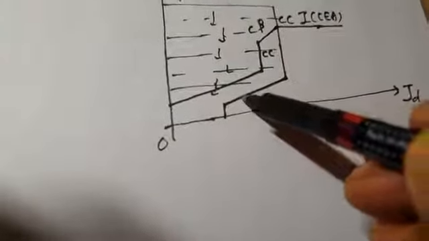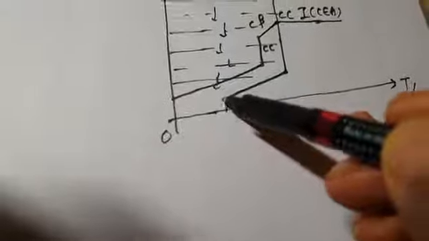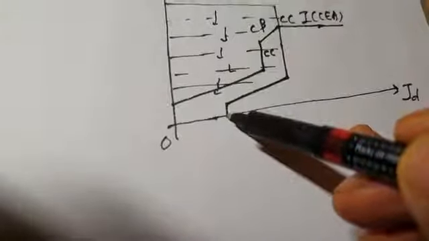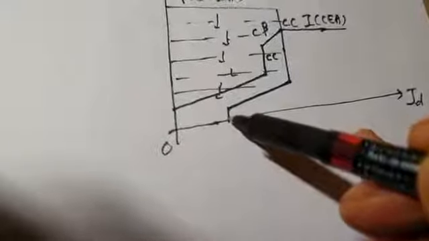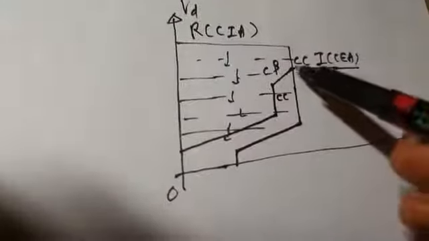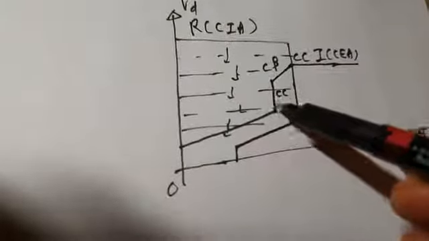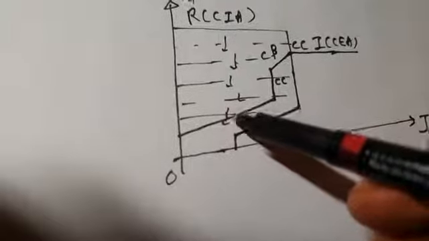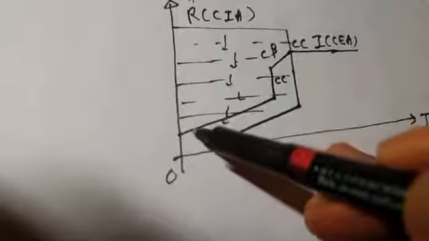The current decreases, and under extremely low voltage conditions, it even makes the current zero, and hence the link becomes inoperative. Similarly, in the inverter characteristic, this is CEA, this is C beta, and then this is CC. Under extremely low voltage conditions, you can see it decreases the link current.